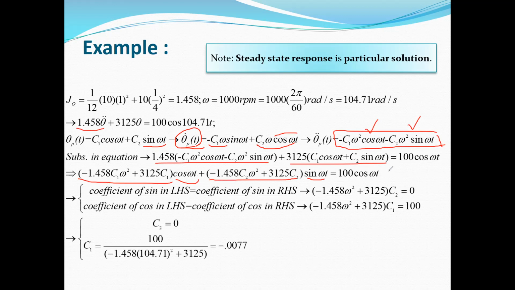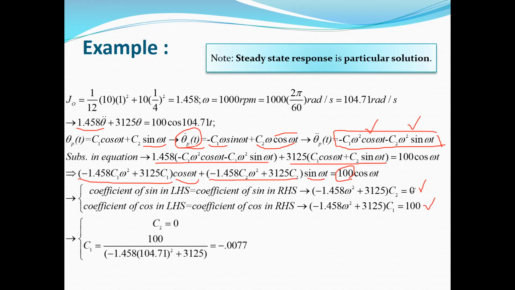In the right hand side, we don't have sine omega t, so the coefficient of sine omega t must be equal to 0. This is the first equation. And the coefficient of cosine omega t on the left hand side must be equal to 100, because on the right hand side the coefficient of cosine is 100. So this is the second equation.